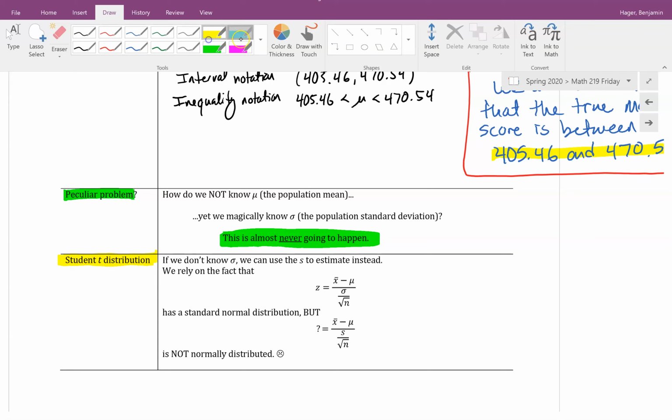So he said, well, instead I'm going to use the sample standard deviation, s, to calculate my critical z-score. It turns out that when you switch from the population standard deviation to the sample standard deviation to calculate your critical number, which tells you how many standard deviations to go left or right, that's no longer normal. It's close, but it's not normally distributed. It actually follows a t-distribution.